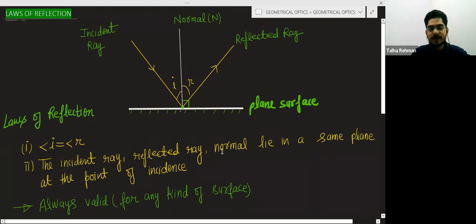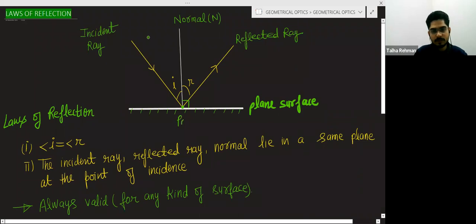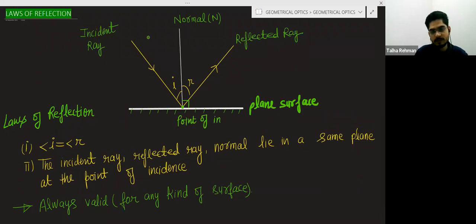So the incident ray, reflected ray, and normal lie in the same plane at the point of incidence.